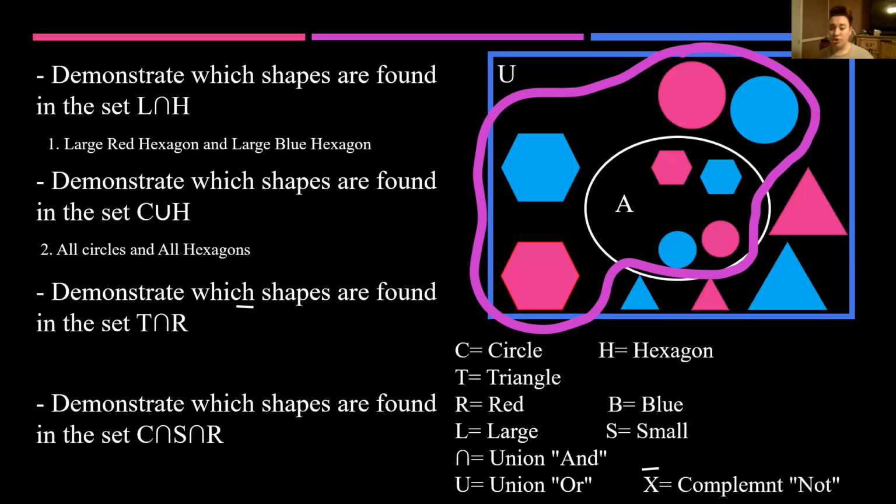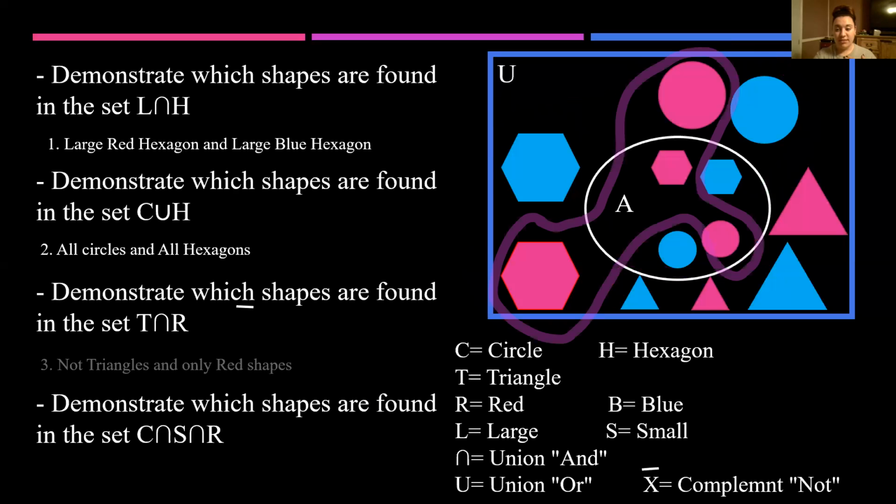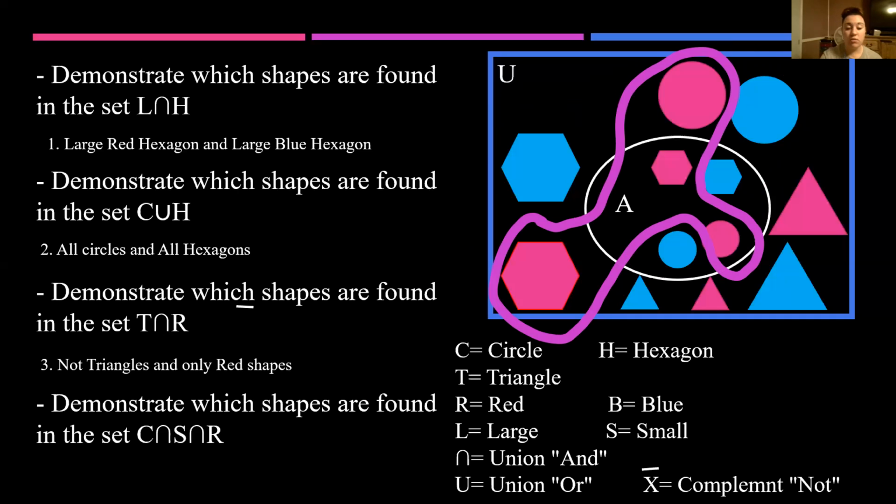So as long as they're not a triangle and they're red, they fit what we're looking for. So not triangles and only red shapes. So we have our big circle, big hexagon, and little hexagon. As long as they're red and not triangles, we're good.